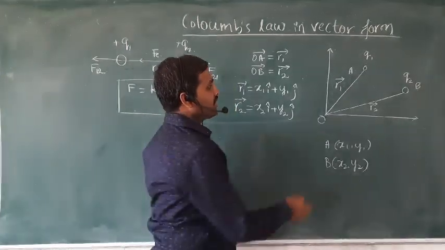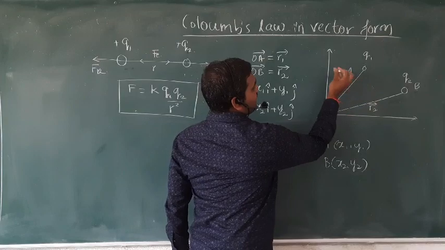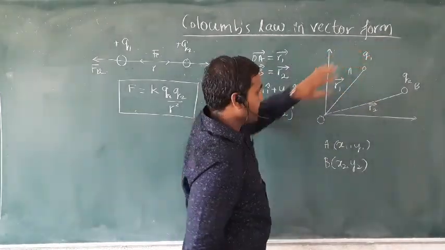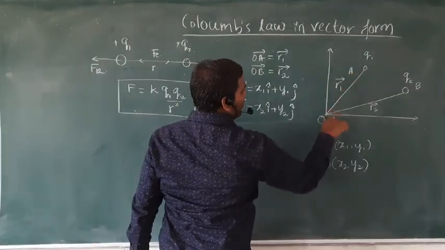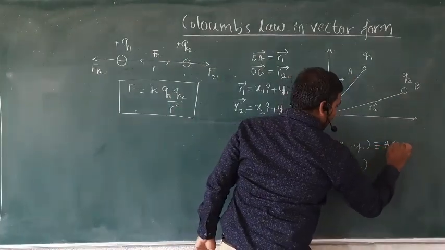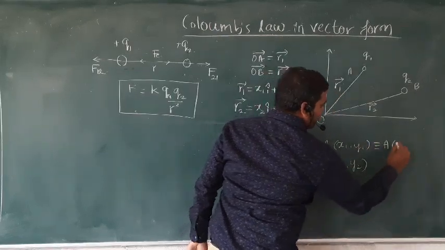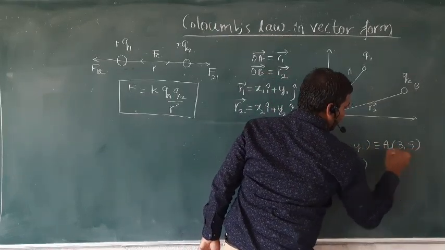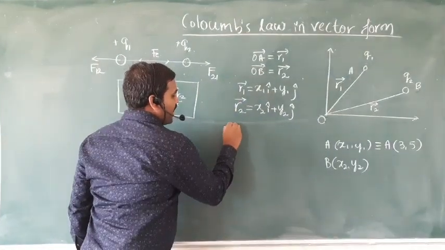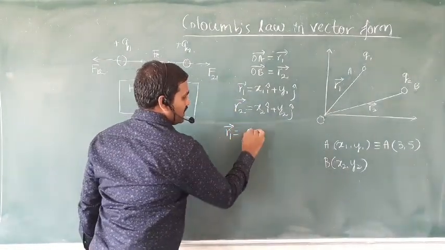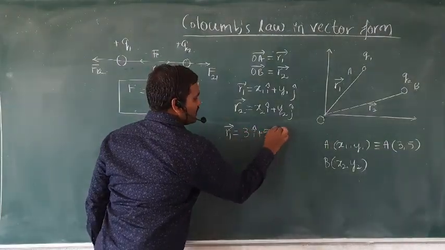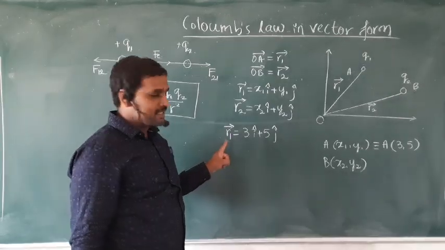For example, let us consider position A having an x value of 3 units and a y value of 5 units. So the coordinates of A are 3 and 5 units. This position vector I can write as R1 is equal to 3i plus 5j. What is the meaning of this?